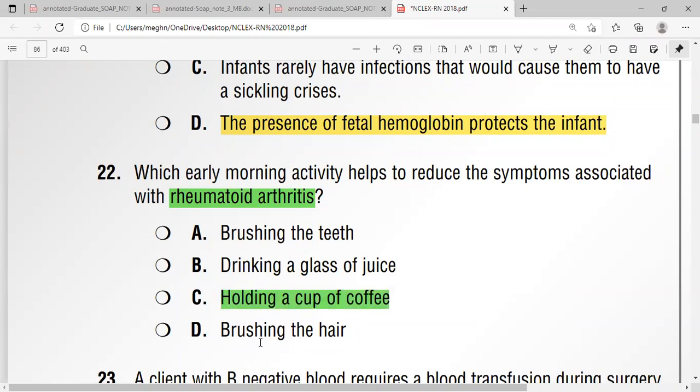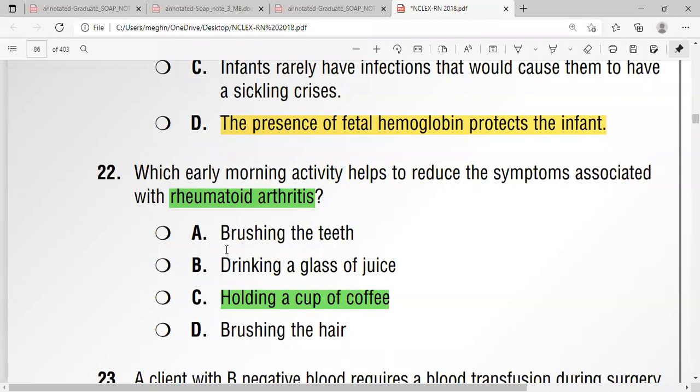So why is number C the answer? Holding a cup of coffee. Is coffee hot or cold? It is hot. When you hold hot coffee, the warmth from holding a cup of coffee or hot chocolate helps to relieve the pain and stiffness in the hands of the client with rheumatoid arthritis.